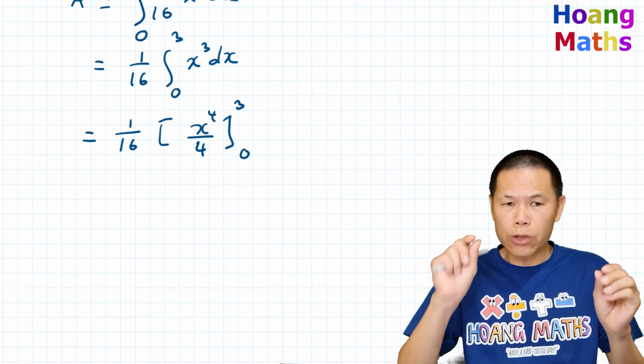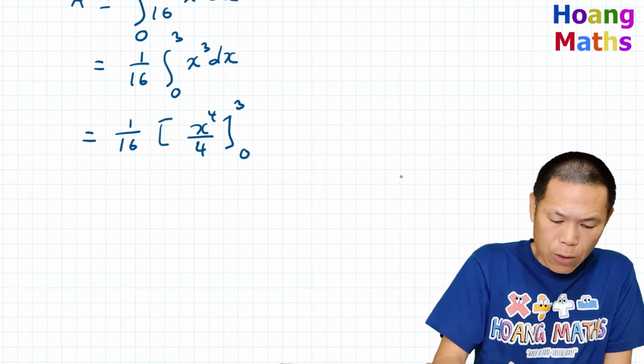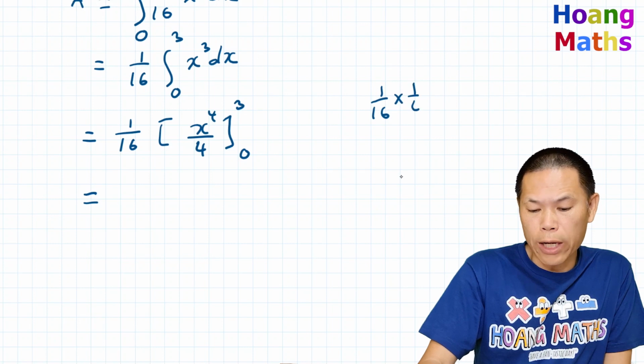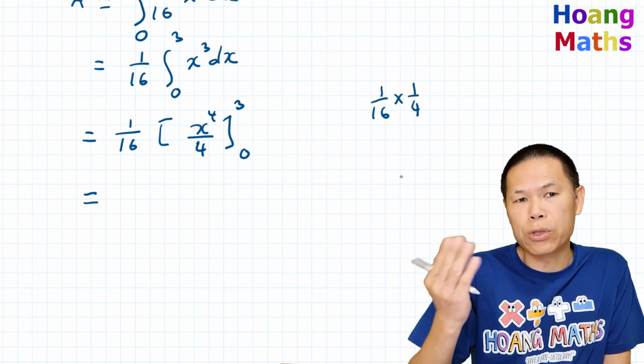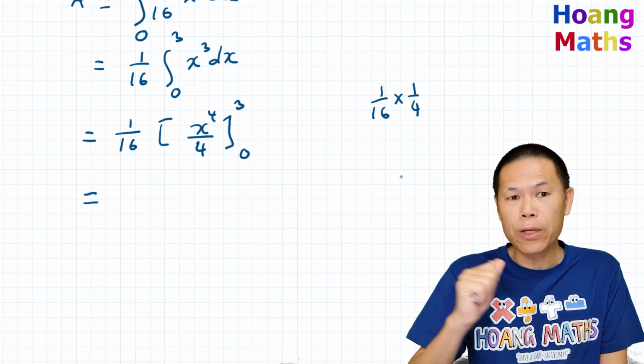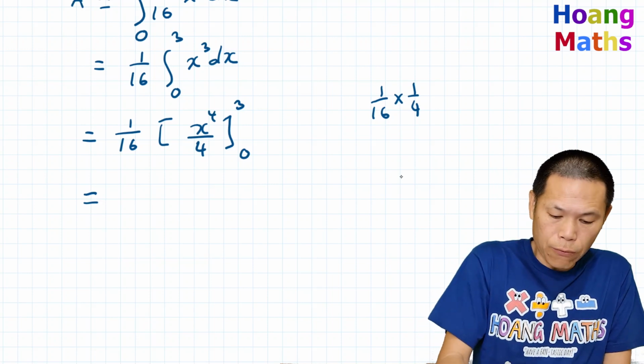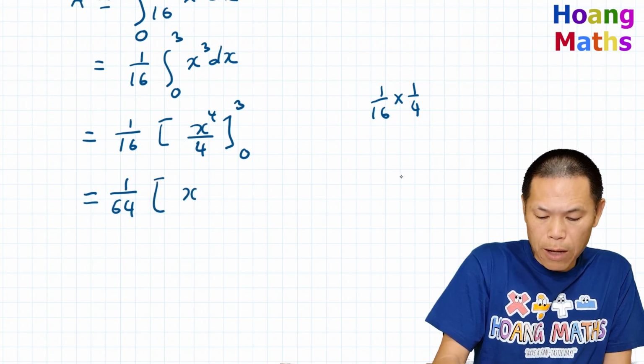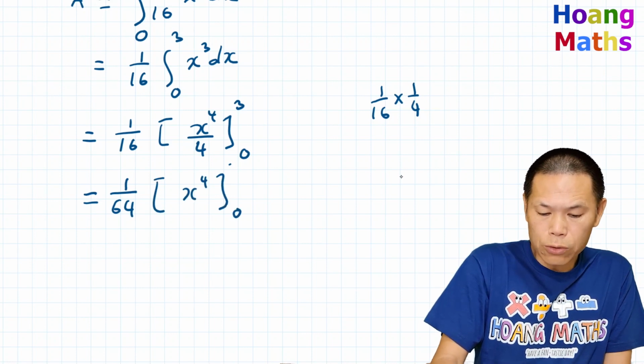That is a quarter. So I take a quarter out. So that will give me 1 over 16 times a quarter. So 16 times 4, we double 16 is 32. Double again will give me 64. So that answer is 1 over 64, x to the power 4 from 0 to 3.